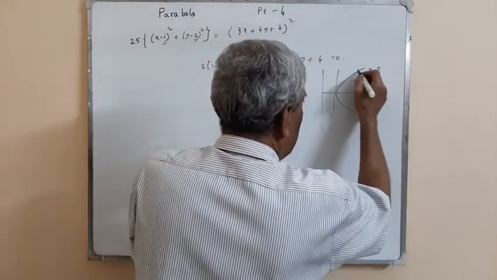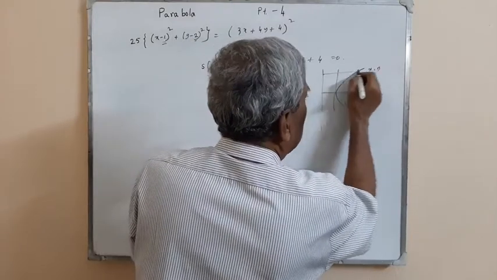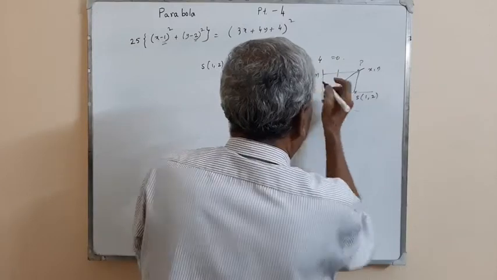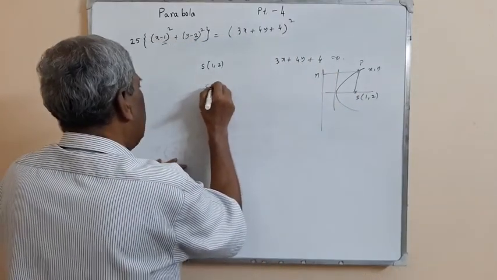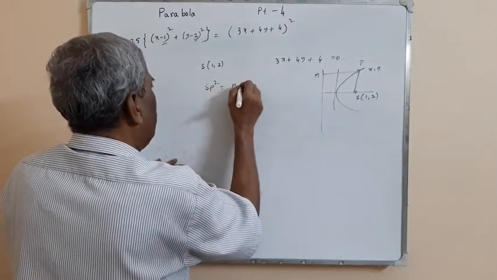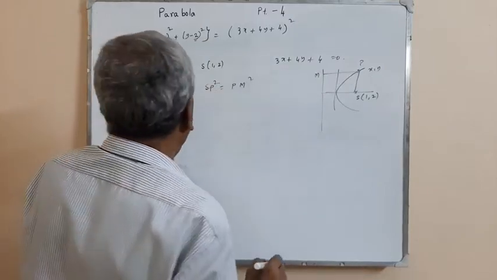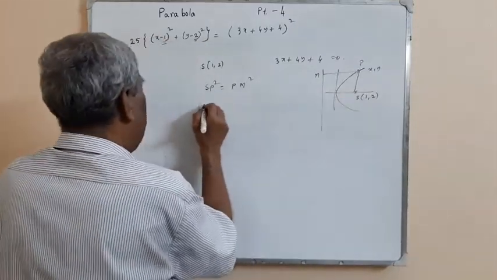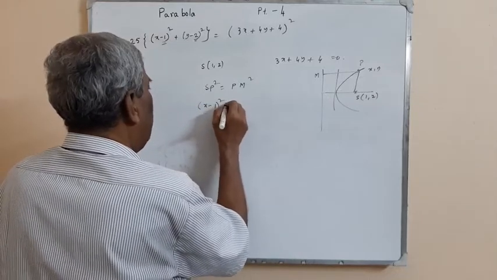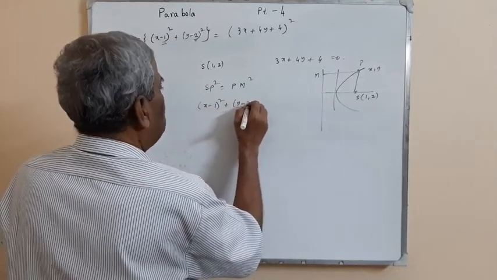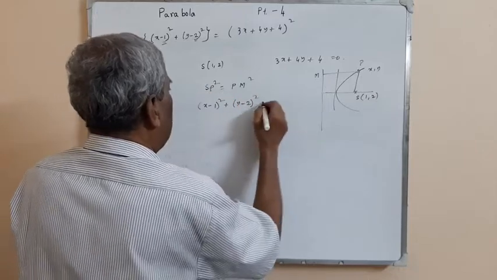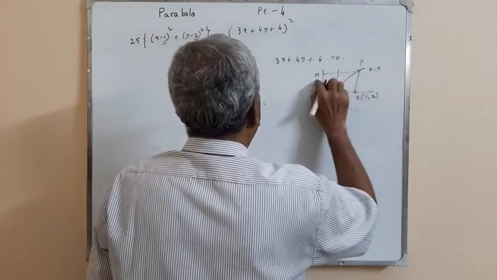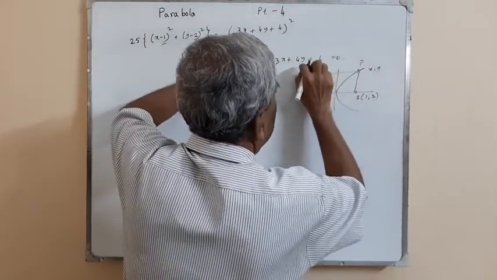Then we know that SP square is equal to PM square, meaning SP is equal to PM. SP square is (x minus 1) whole square plus (y minus 2) whole square. PM square: P is the point (x, y), M is on that straight line.